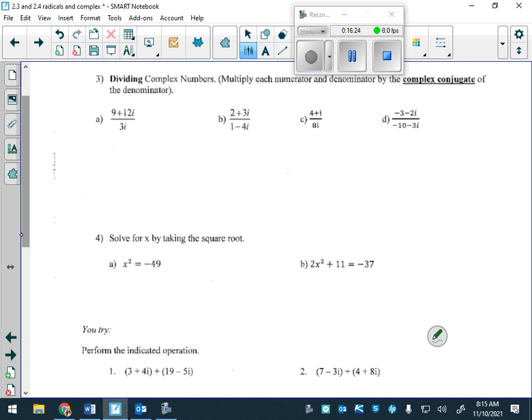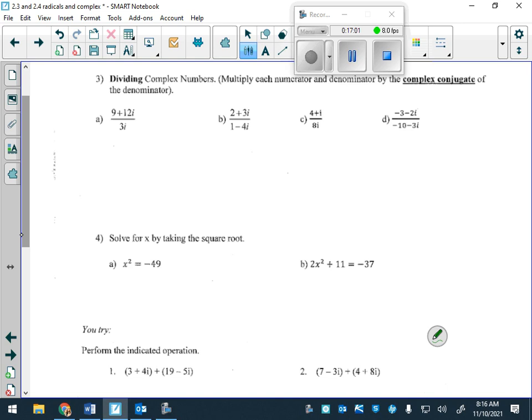Now, what did we see at the end of our regular radicals for division? What did you have to multiply by? Yeah, the denominator. So the conjugate, right? That's the same thing with complex numbers. You cannot have an i in the denominator. So if you look at A, we have 9 plus 12i over 3i.